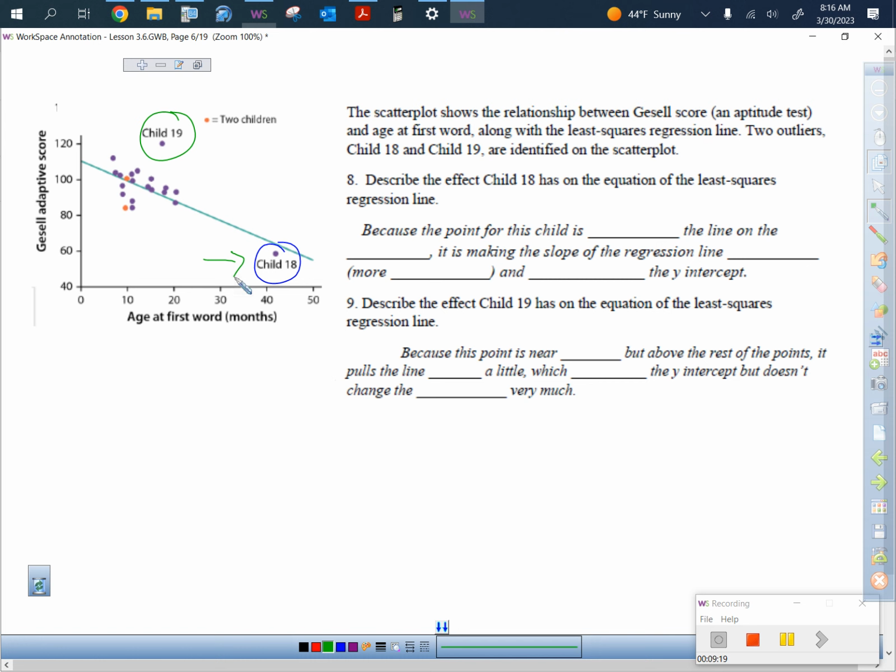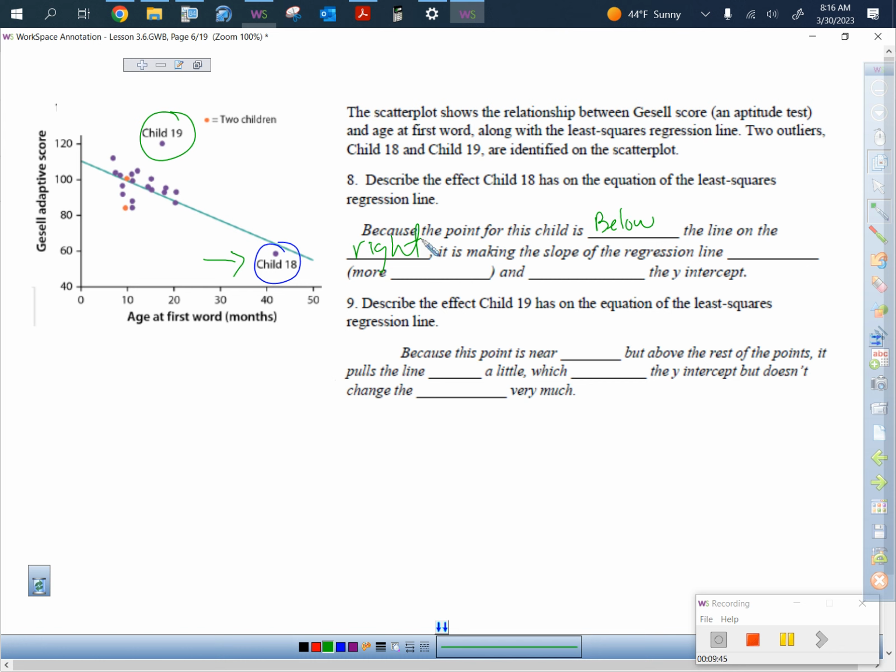So because the point for this child is below the line on the right, that's what they want us to put. The point is below the line at the right. If I put a teeter-totter here, wouldn't that outlier suck it down that way in that case? What does it do to the y-intercept? It increases the y-intercept. What does it do to the slope?